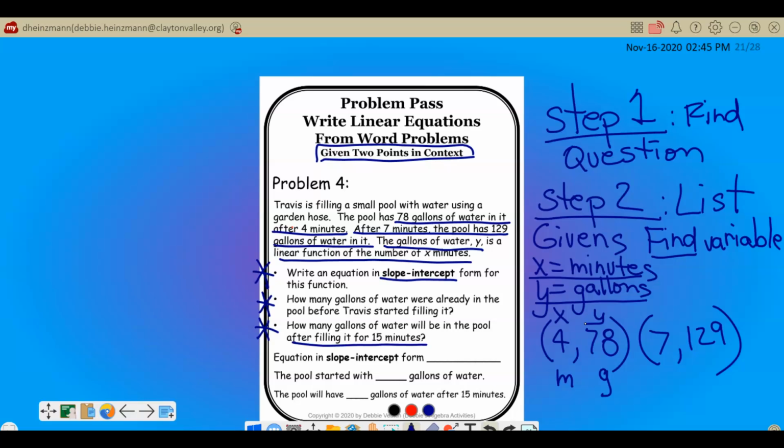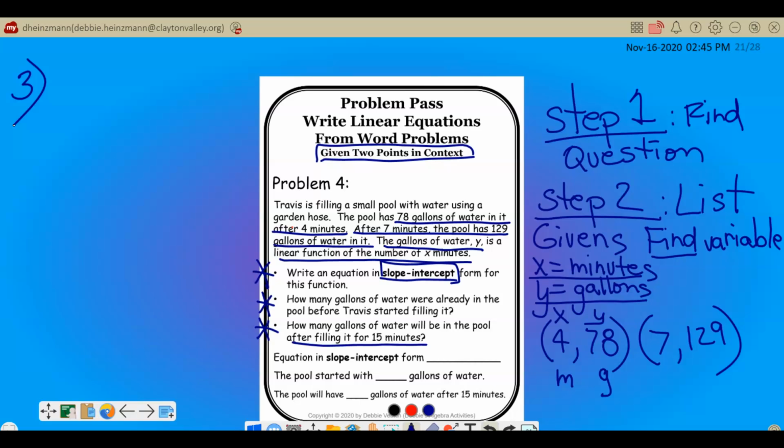So we know that if we're given 2 points, we need to use the slope formula and derive all of the formulas, right? We need to start with the slope and move through all of them in order to get to slope-intercept. All righty? So let's do that. And I like to keep everything positive. So in step 3, we write our equation.